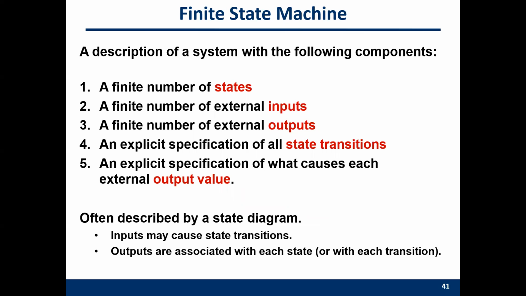So the finite state machine has to have a limited number of states, a limited number of external inputs and a limited number of external outputs. Then you have a clear description of the state transitions, and also a clear definition of the output value.